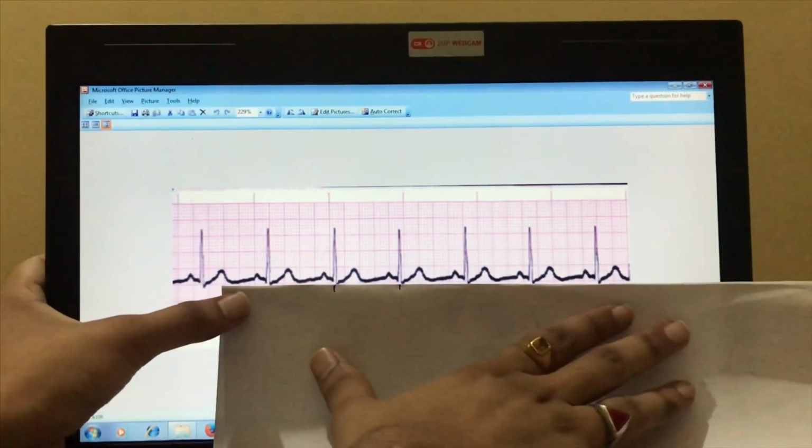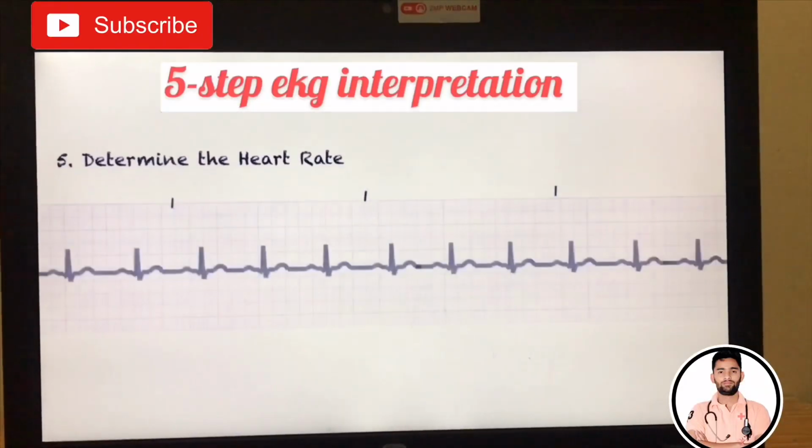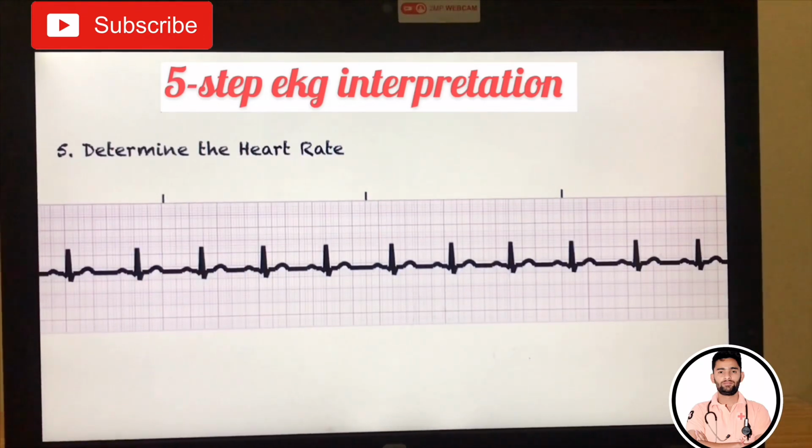Now the 5th step is to identify the heart rate. Before we calculate the heart rate, it is very important for us to know that our EKG or ECG is a 6-second strip. The way we know is when we find these 3 lines right over here, from the first line up to the 3rd line, that is your 6-second strip.